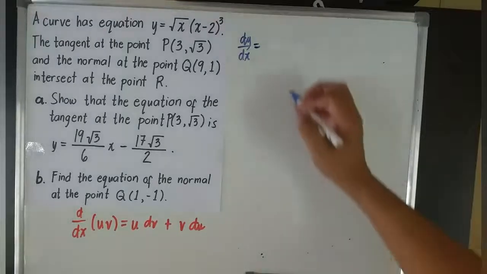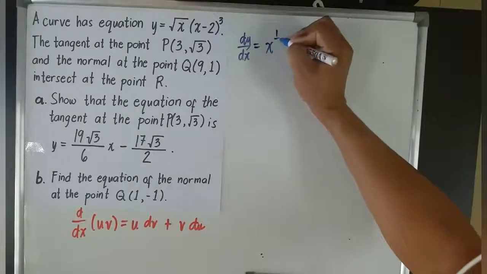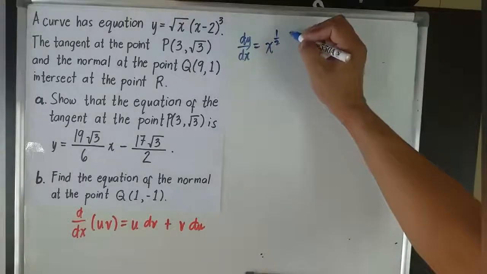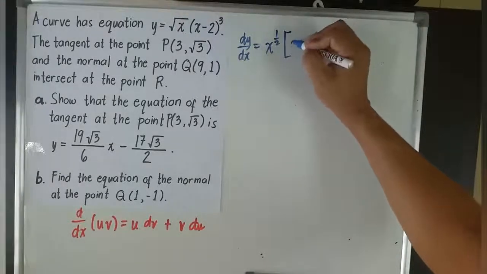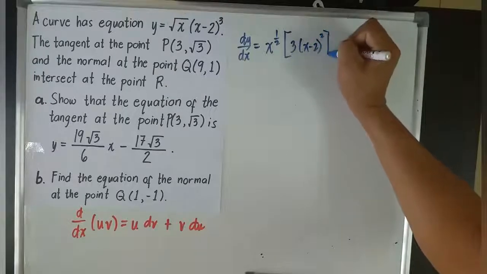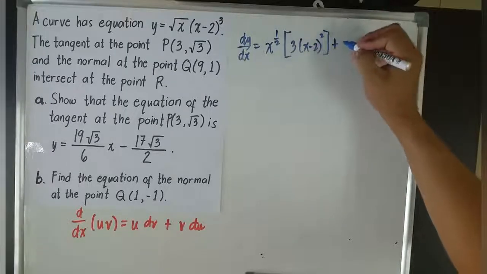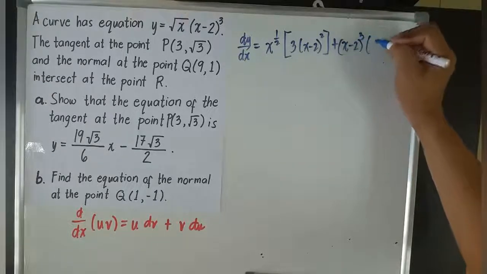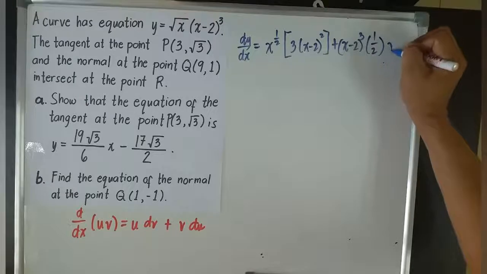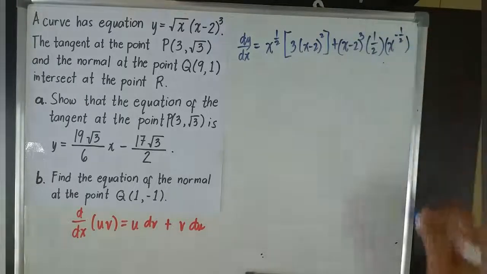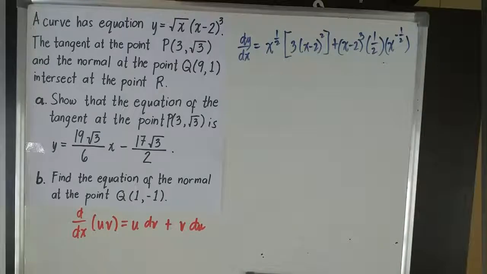Okay, dy over dx is equal to x to the power of 1/2 times 3 times (x minus 2) to the power of 2 plus (x minus 2) to the power of 3 times 1/2 times x to the power of negative 1/2. So this is our dy over dx.